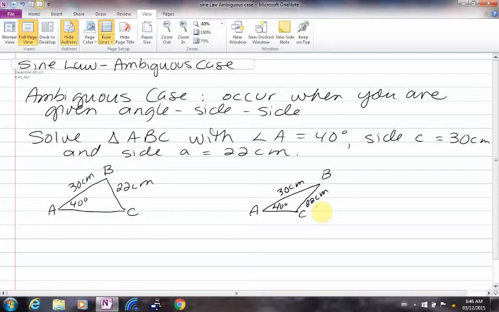Okay? So, just because we give the angle, the side and the side, it's not necessarily always going to be the case that you can draw two triangles. Certain conditions have to be true. All right? So, for example, if this length here was longer than this length here, so length A is longer than length C, you couldn't draw two triangles, right?